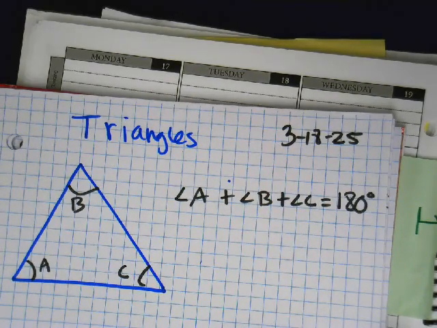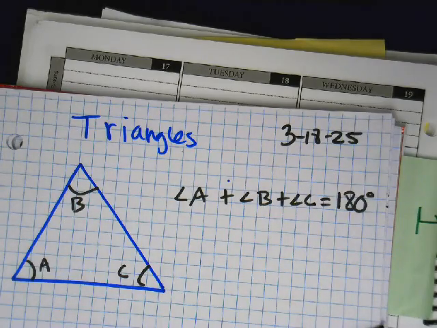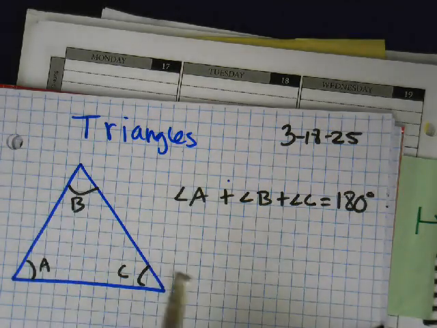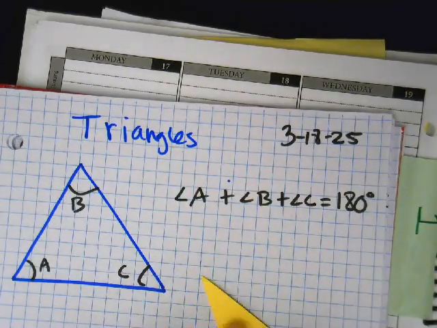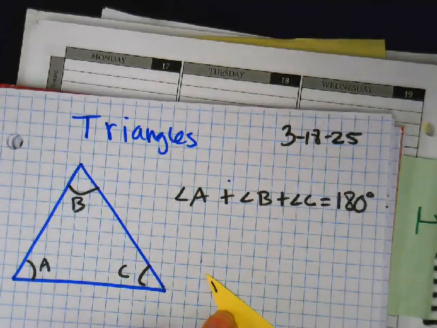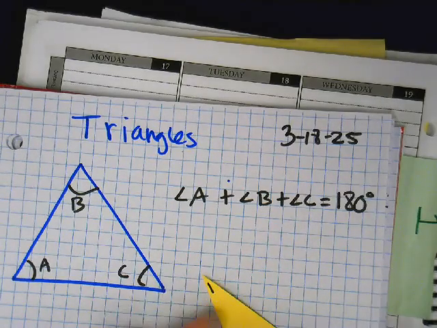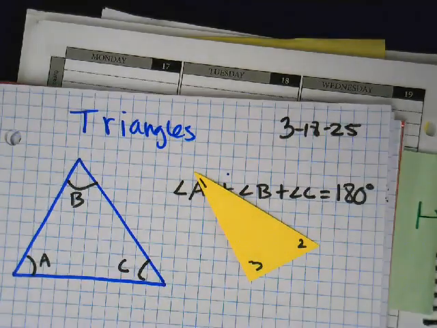If you were to take a triangle that you created, so here's my triangle, here's angle 1, 2, 3. It's a weird looking 3, but there it is.